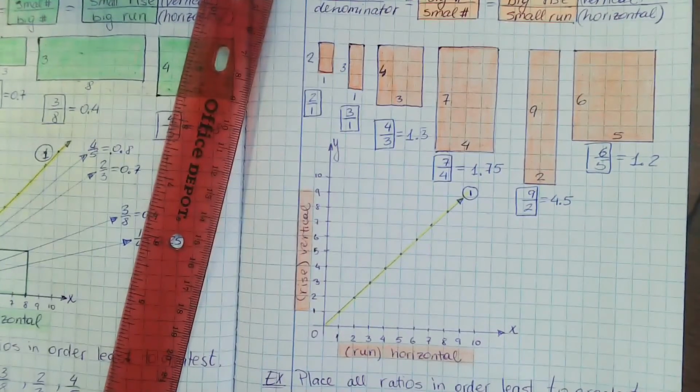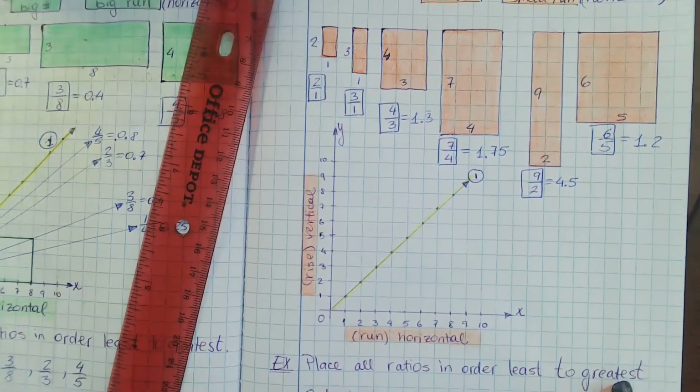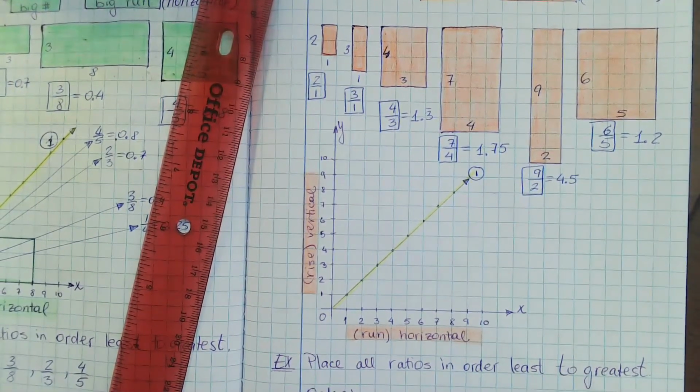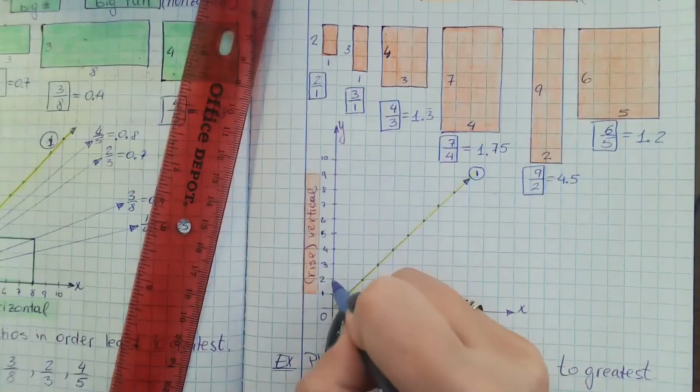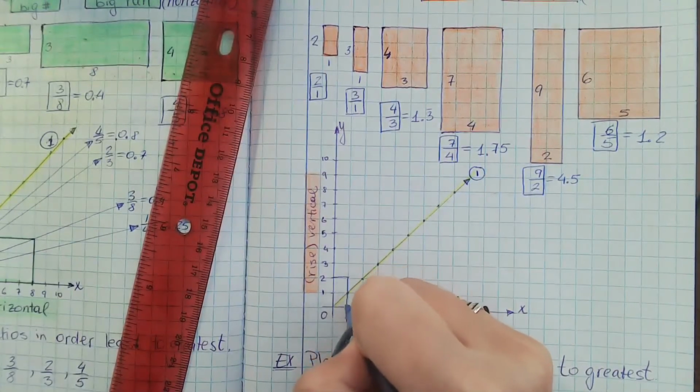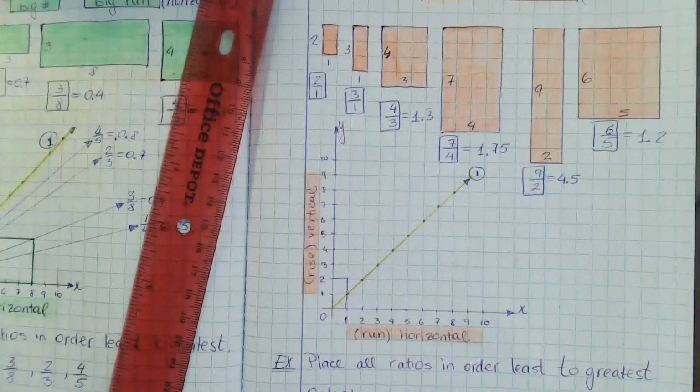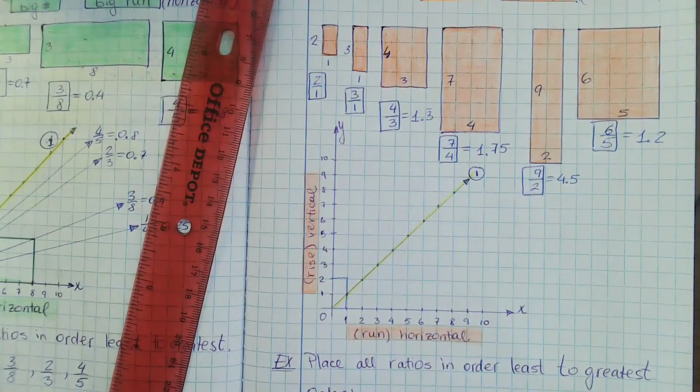Now we're going to draw the rectangles that represent improper fractions. So the taller numerator. So I have the first rectangle 2 by 1. So 2 up, 1 across.